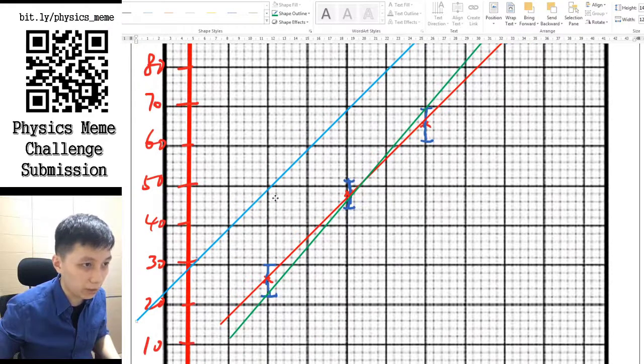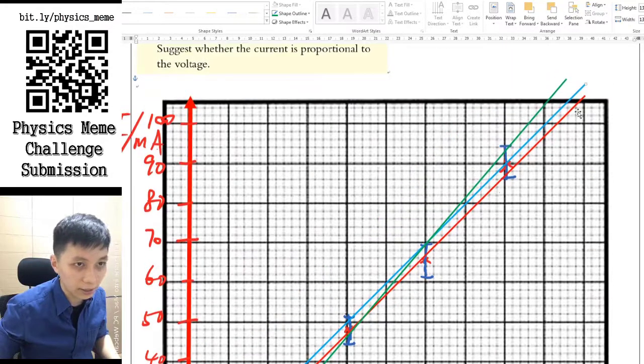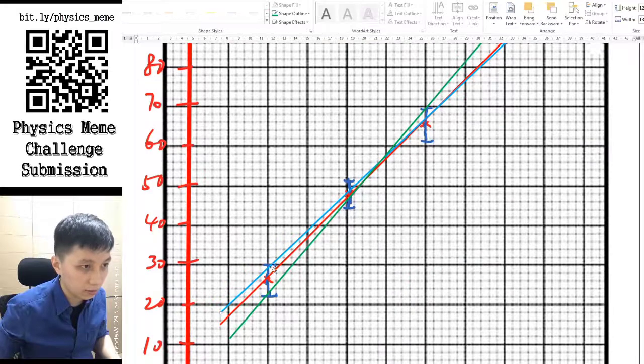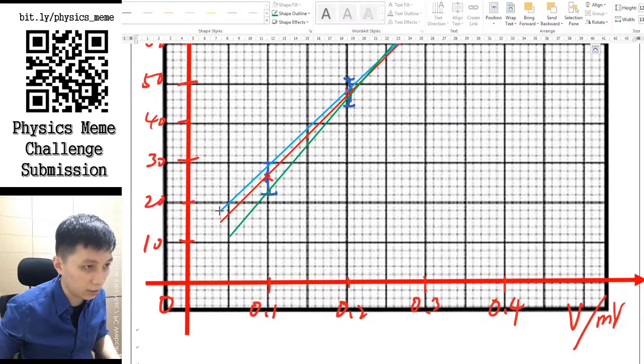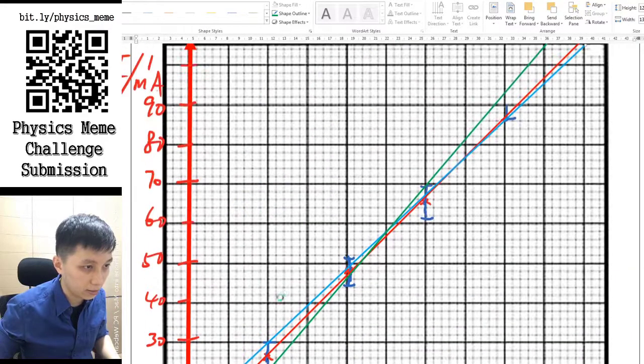For the minimum line, we do basically the opposite. So align the top of the first data point and then adjust with the bottom of the last data point. Alright, and the middle part, yes, it's all good. And then we shall extend this through the y-axis.